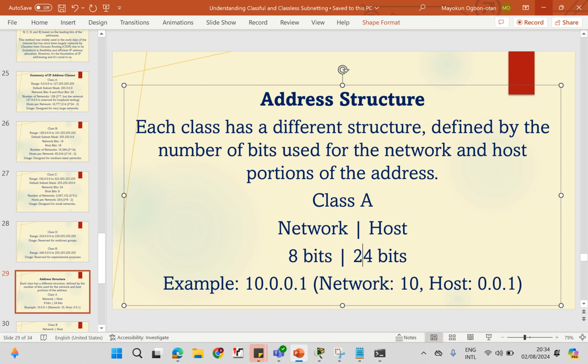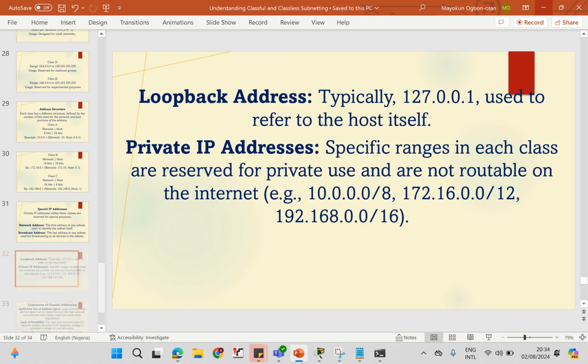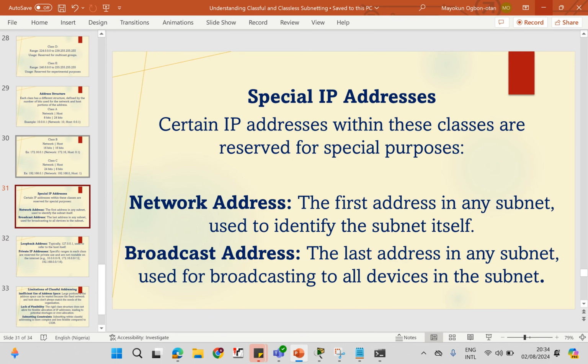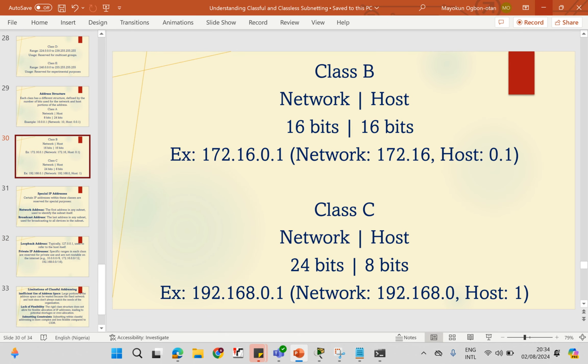Network here is 10, while the host is 0.0.1. Okay. Class B, network is 16, host is also 16. So 172.16.0.1. The network here is 172.16 and the host is 0.1.